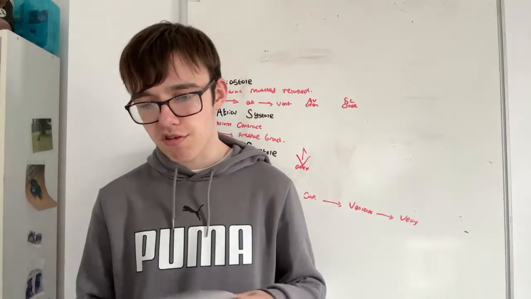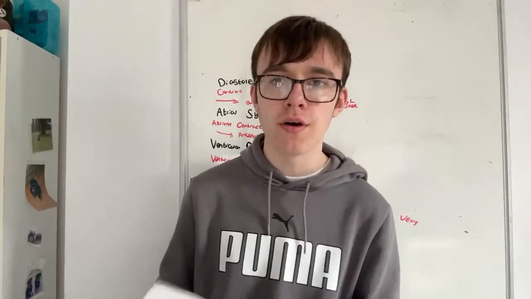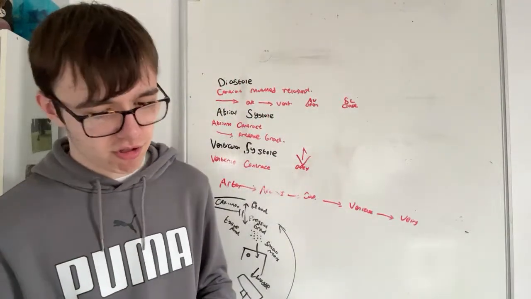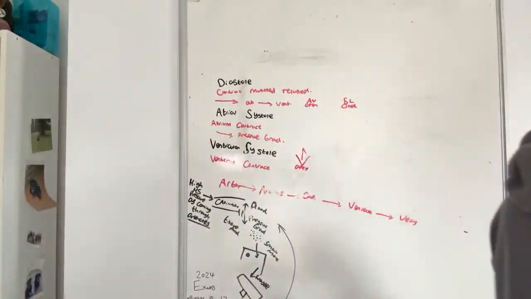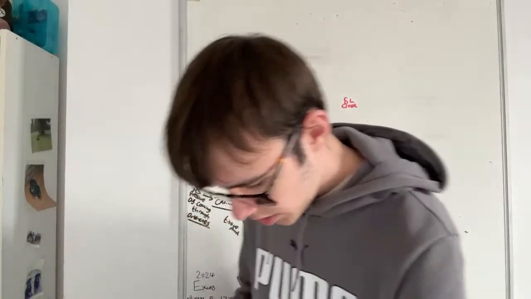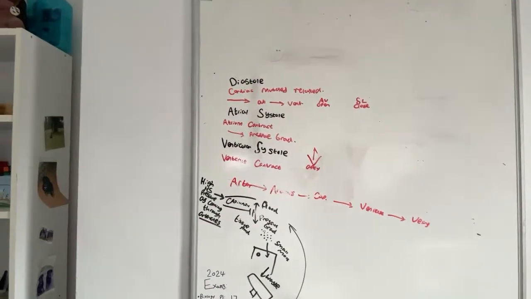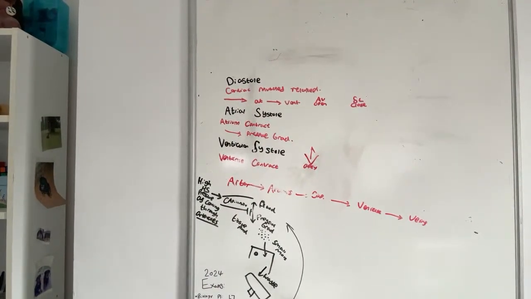List 3 reasons why a large multicellular animal, such as a mammal, needs a transport system. I will list 3. Number 1, low surface area to volume ratio. That's the most obvious one.